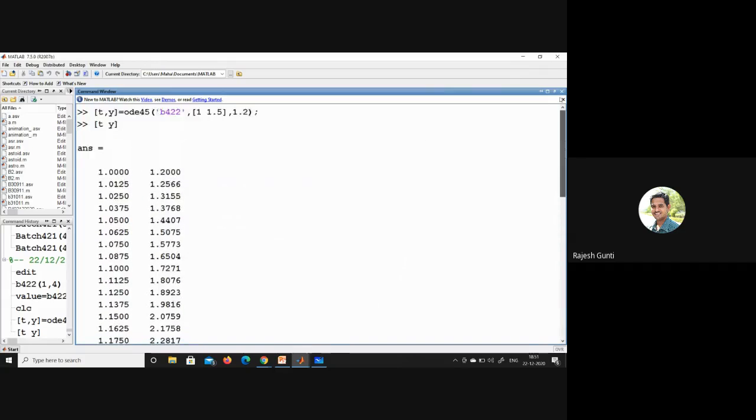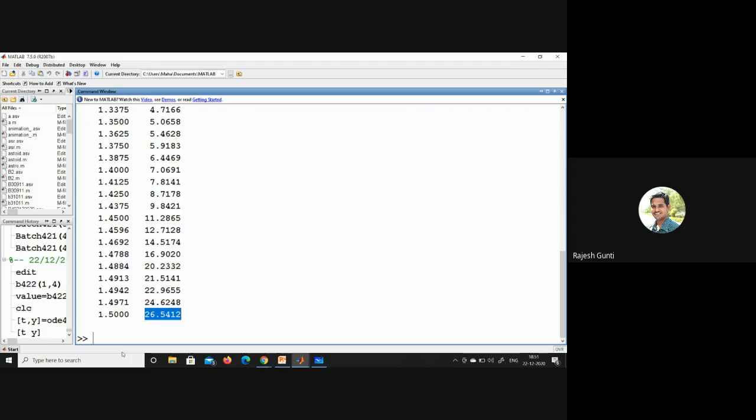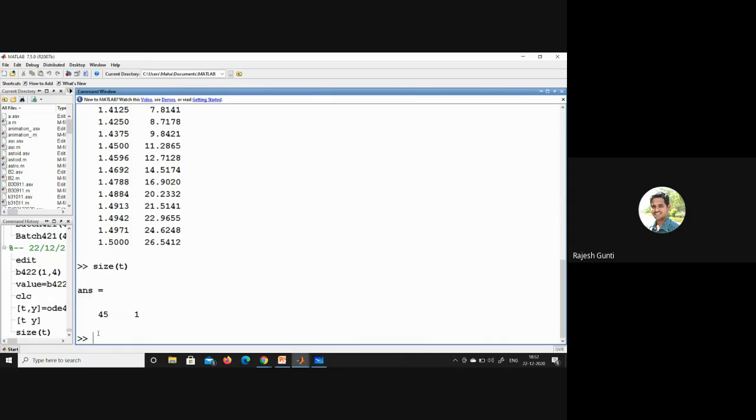Here MATLAB is calculating more than that by default. ODE45 calculates 45 points, intermediate points. What is the size of t comma y?